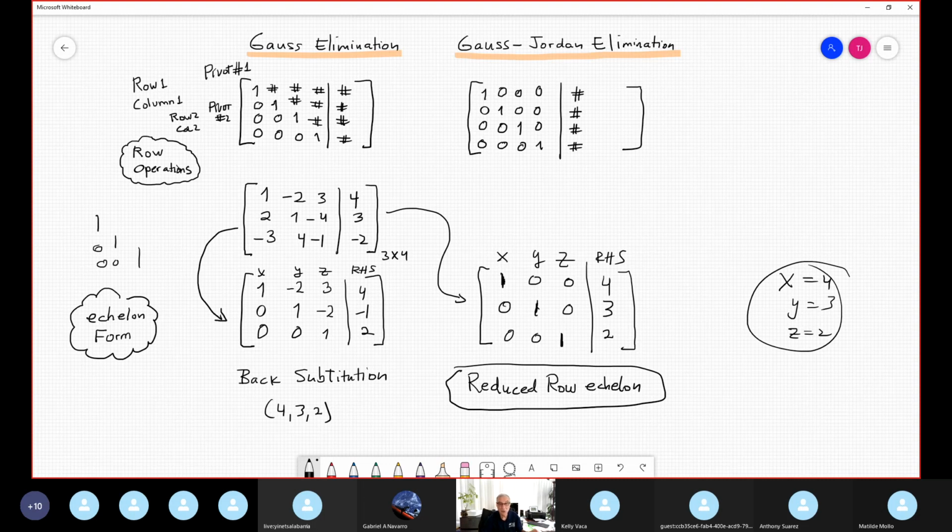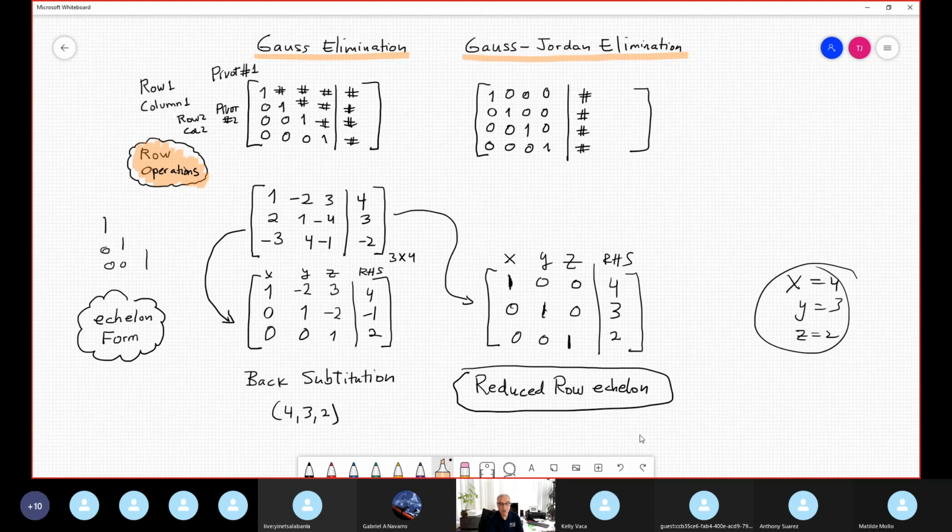Okay, so now I am going to explain what a row operation is. It's relatively easy to understand because it's similar to the elimination we were doing before. So we have 3 basic row operations. May I erase the board or no? Yes.